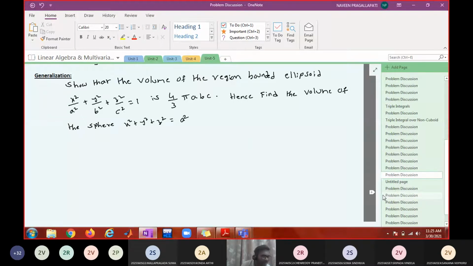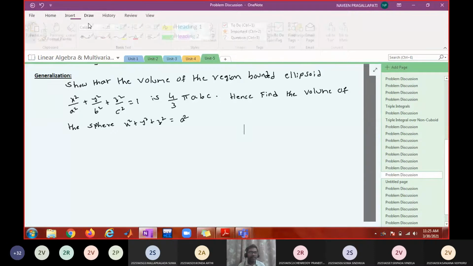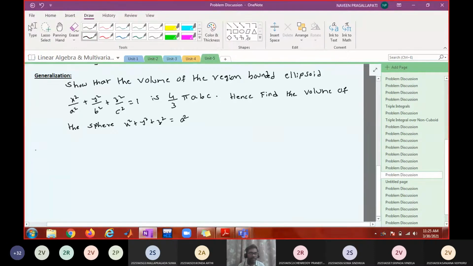So again, to find the volume of the ellipsoid, it is sufficient to find the volume of the ellipsoid that is there in the first octant. So you draw an ellipsoidal region. It may be something like this.